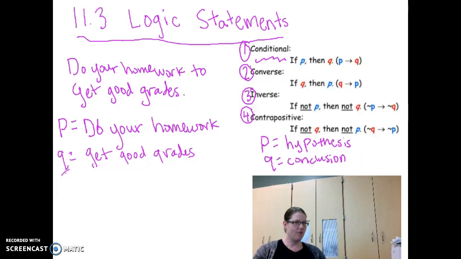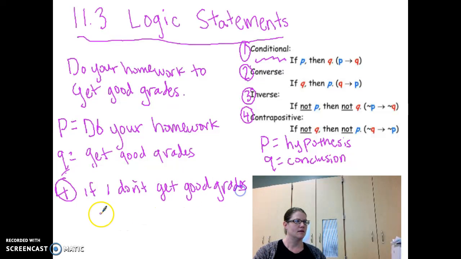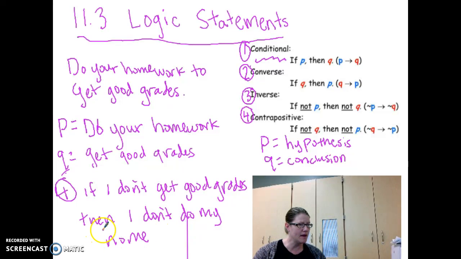Number 4, the contrapositive would be if not Q, then not P. So if I don't get good grades, then I don't do my homework. That would be the contrapositive.